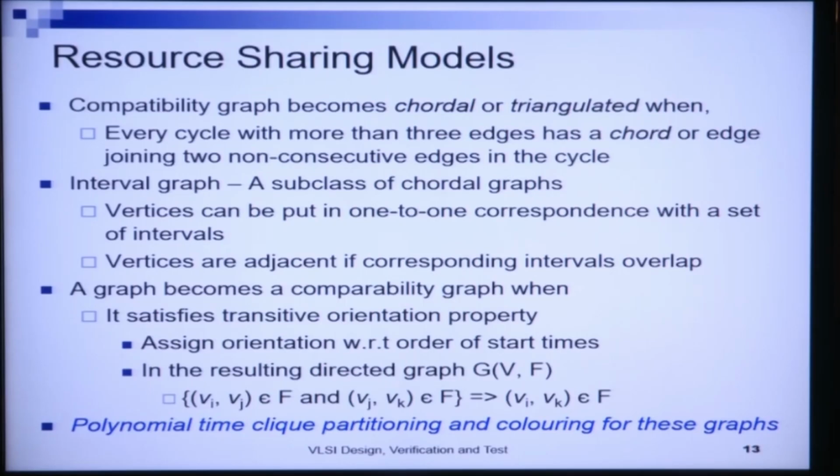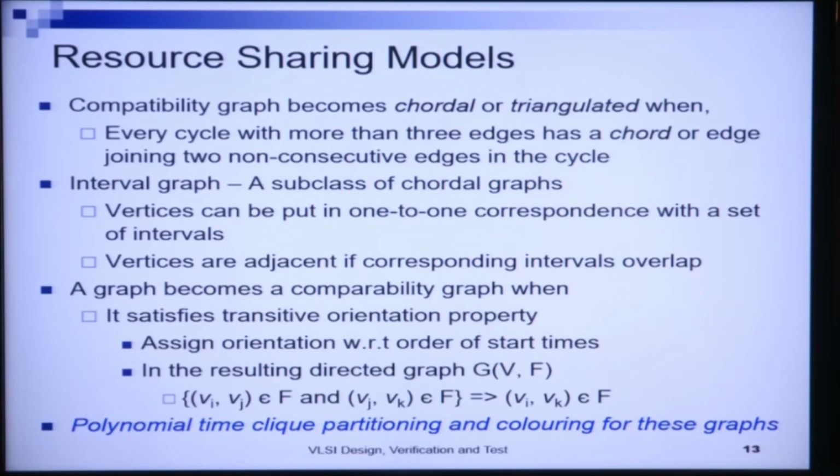So, first we understand what are chordal or triangulated graphs. If we say it in terms of a compatibility graph, it becomes a chordal or triangulated graph when every cycle with more than 3 edges in the graph has a chord, or an edge joining two non-consecutive vertices in the cycle.